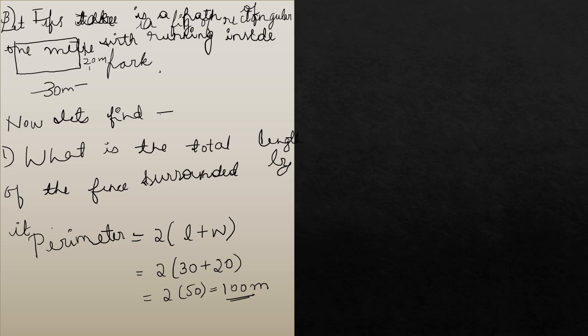Understood? Here they have asked the total length of the fence. Fence means outer cover. So we have got 100 meter. Okay. Next, what is the question? How much land is occupied by the park?